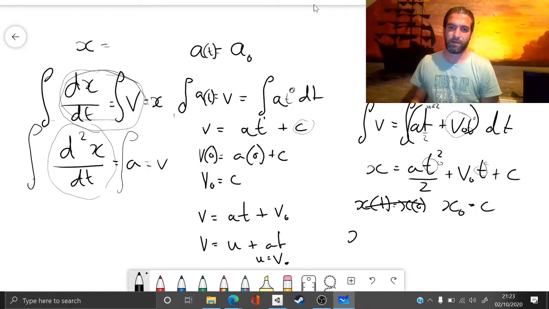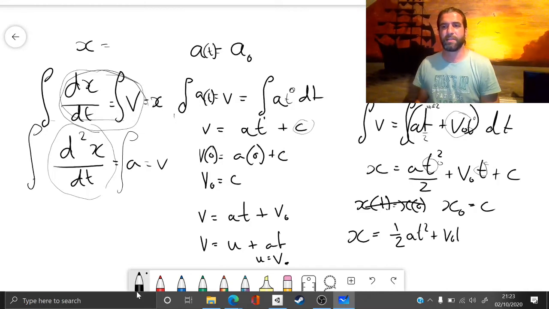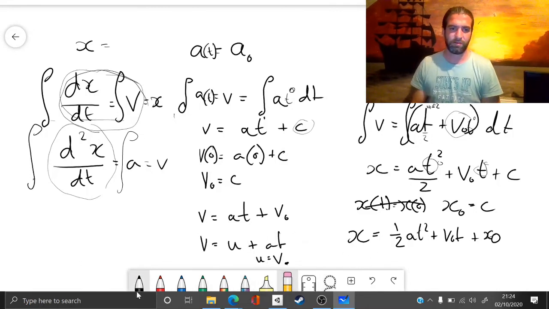So we can rewrite this whole thing as x is equal to 1/2 at squared plus v naught t plus the initial position. And this could be seen in books nowadays as s, the displacement s.